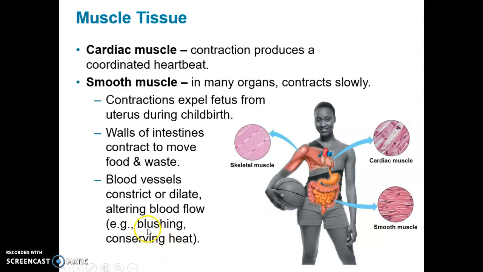So when you blush, for example, the blood vessels dilate in the skin of your face, causing your blushing effect, right? Or if you get really cold, the blood vessels serving the skin will constrict, minimizing blood flow to the skin, minimizing loss of body heat to help conserve heat when you get cold, for example.